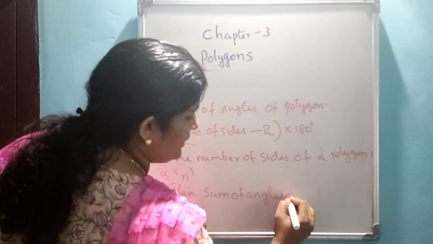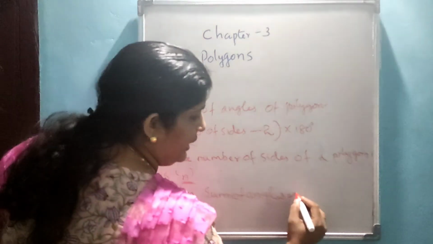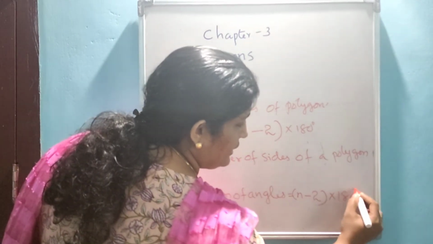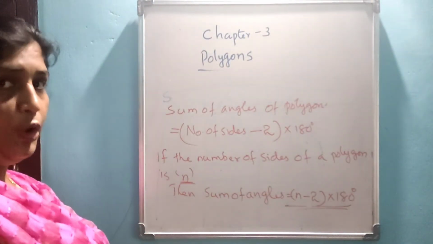Its sum of angles is equal to, number of sides is n, so that is n minus 2 into 180. We can use this result for any polygon.